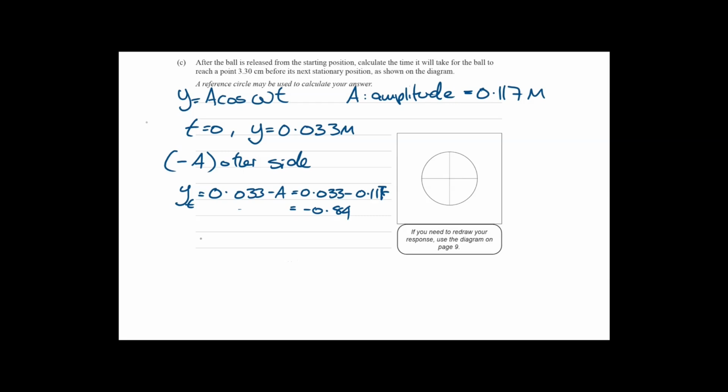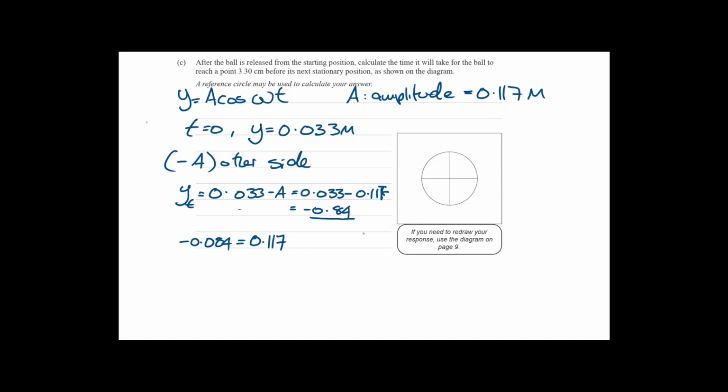And the minus just means it's gone around the circle on the other side. So for this side here, we know that the amplitude there on the other side is going to be negative. So negative 0.084 is going to be equal to the amplitude. So this negative 0.084 is where it's going to be the next time that it meets that criteria, the next stationary point.